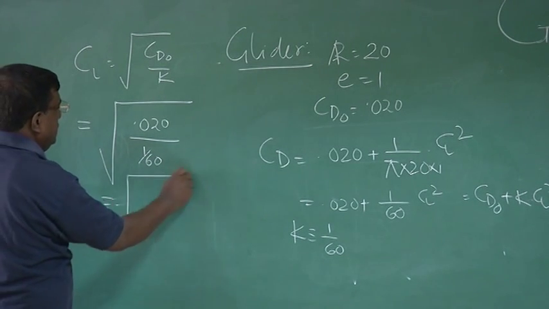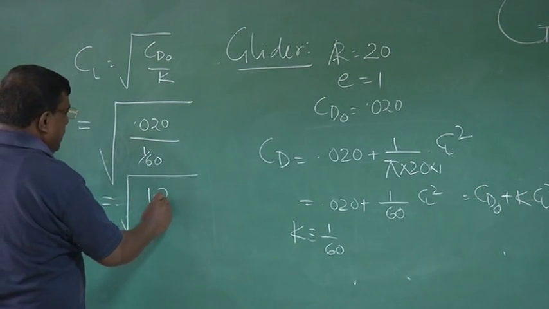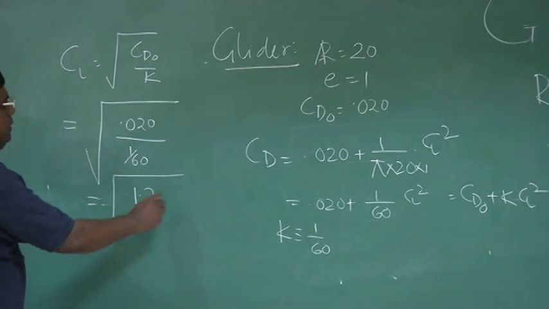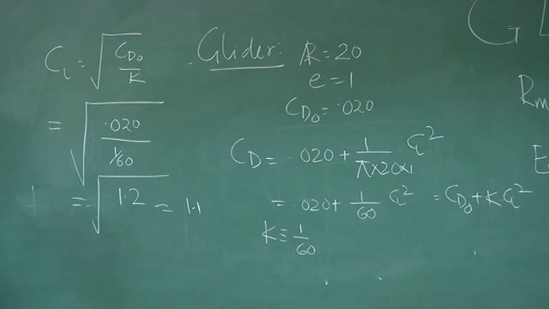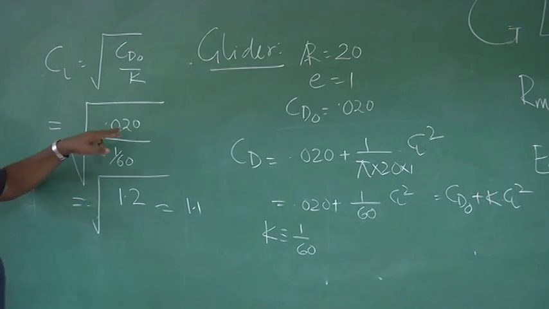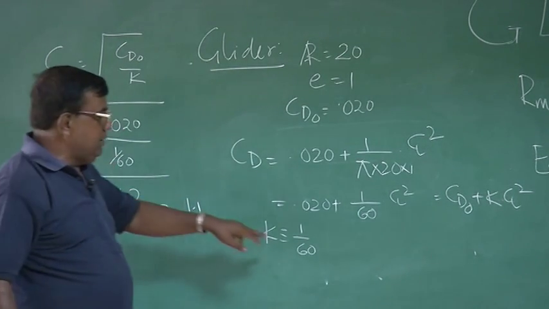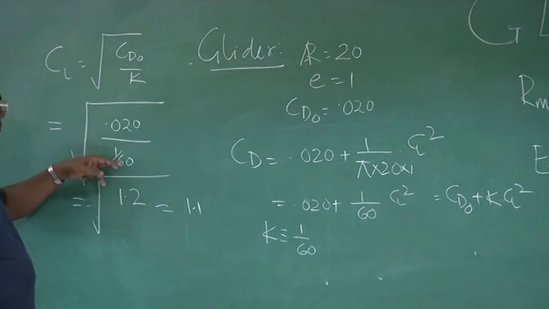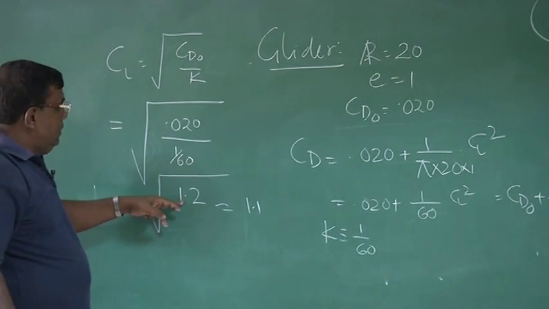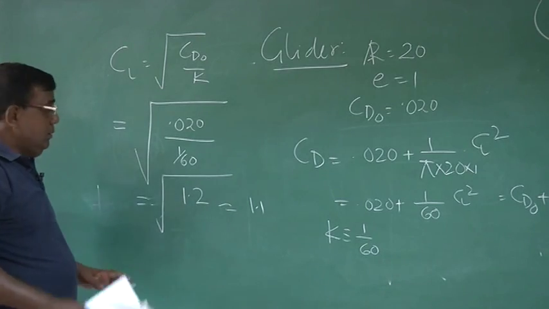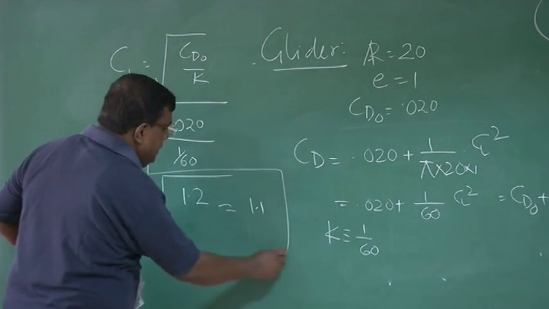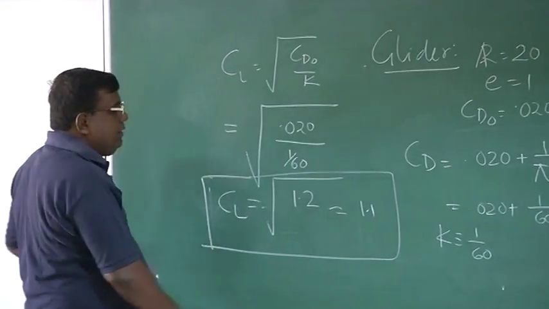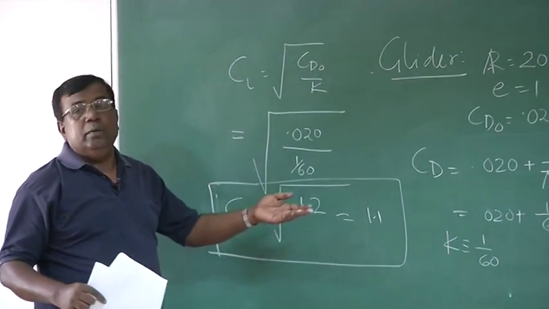This value is around 1.2, and typically it will be around 1.1. This is an approximate number just to give you a feel. CD naught by K, K is 1 by 60, so 60 goes up, so this becomes 1.2, and this is around 1.1. So you are telling the pilot, sir, we want range maximum, please fly at CL 1.1.